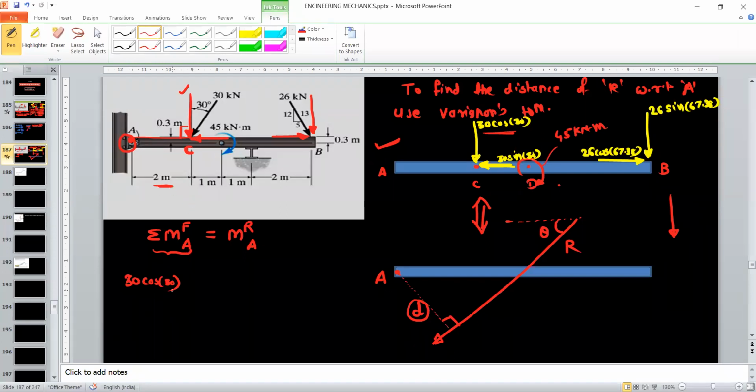So moment will be 30 cos 30 into distance 2 meters. Now what is the sense of rotation by this force, which is the y component? This component will try to rotate the beam AB in the clockwise direction, and therefore this moment will be minus.